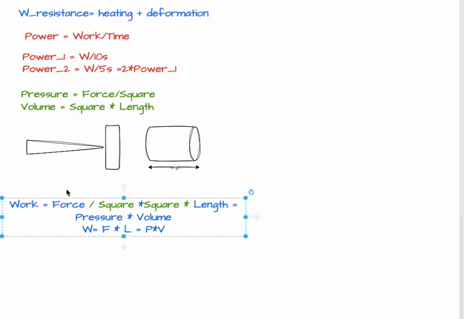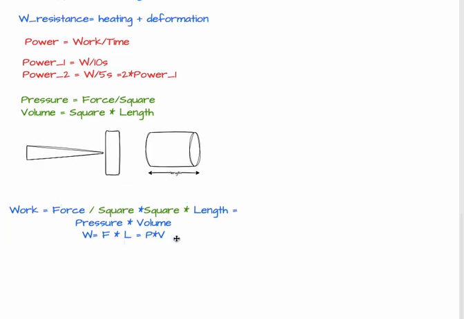Now if we take our initial equation, work is equal to force multiplied by length, and we divide it by the area to which it was applied and multiply it by the area of the object, we changed nothing, so we divided and multiplied by the same value, and it will be equal to pressure multiplied by volume. So work, which is equal to force multiplied by length, is the same as pressure multiplied by volume.